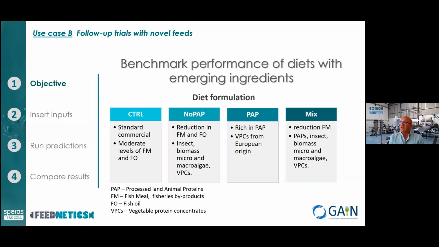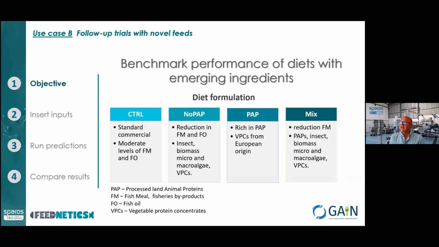The one we called the no-PAP had a reduction in fish meal and fish oil, as in the other three, but here the fish meal and fish oil were replaced by insect meal, by single cell protein biomasses, by micro and macroalgae, and also by vegetable protein concentrates.